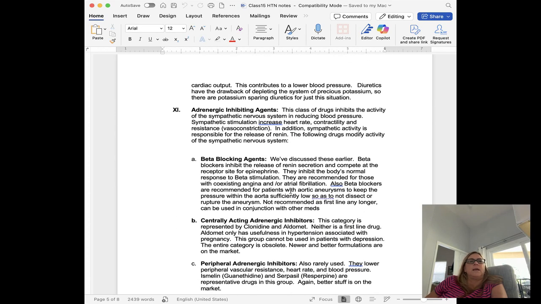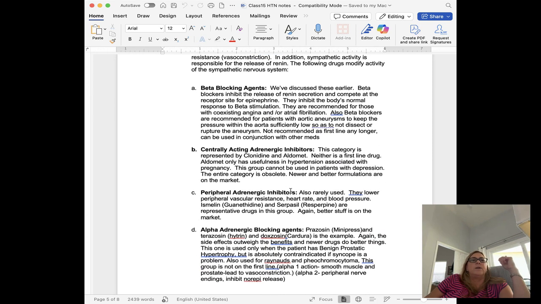Adrenergic inhibiting agents are the class of drugs that inhibit the activity of the sympathetic nervous system and reduce blood pressure. Sympathetic stimulation increases heart rate, contractility, and resistance, and its activity is also responsible for the release of renin. So how can we modify that? We can use beta blockers. Beta blockers initially inhibit the release of renin, and they compete for the receptor sites for epinephrine.